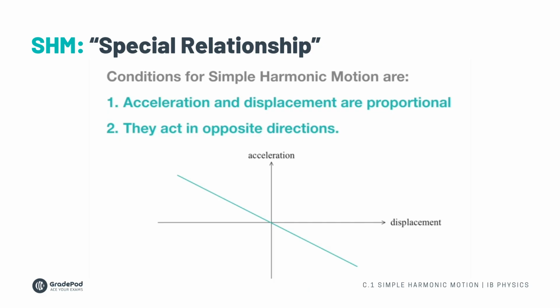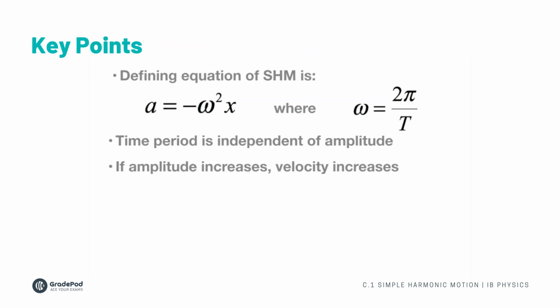We had a look at this special relationship for SHM, and we said that the conditions for simple harmonic motion are that acceleration and displacement are proportional and that they act in opposite directions. So if we look back at this defining equation for SHM, if this is a constant, then acceleration and displacement are proportional, and the minus sign suggests that they act in opposite directions.